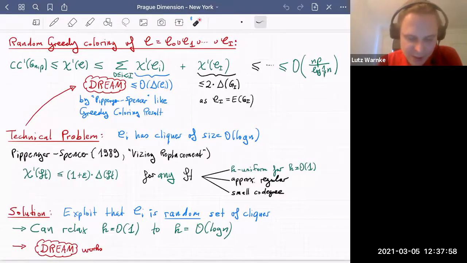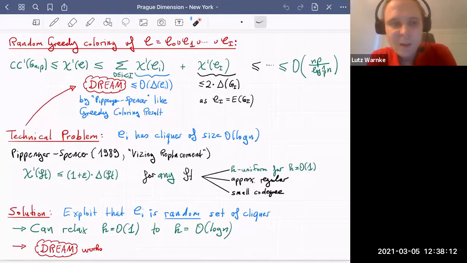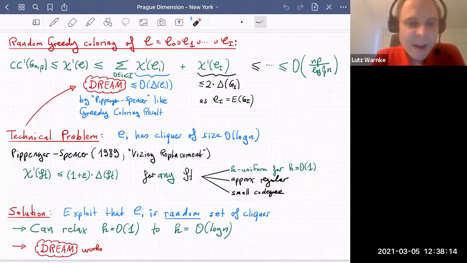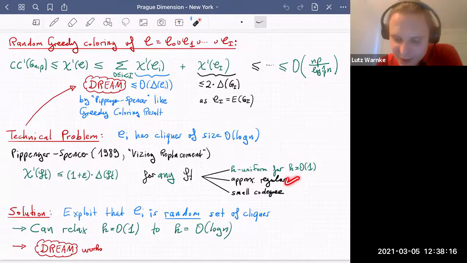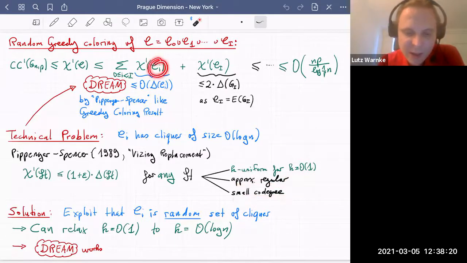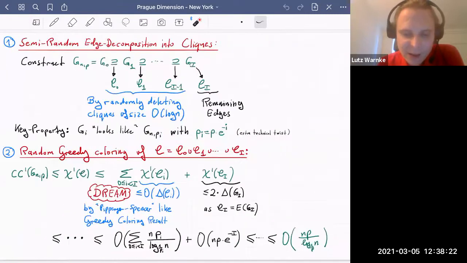What their result says is that you can color the edges of any hypergraph H that is k-uniform for constant uniformity, that's approximately regular and with small codegree. You can color that using 1 plus epsilon times the maximum degree many colors. And basically we satisfy these second two properties, approximate regularity and small codegree, for the C_i. Where does that come from?